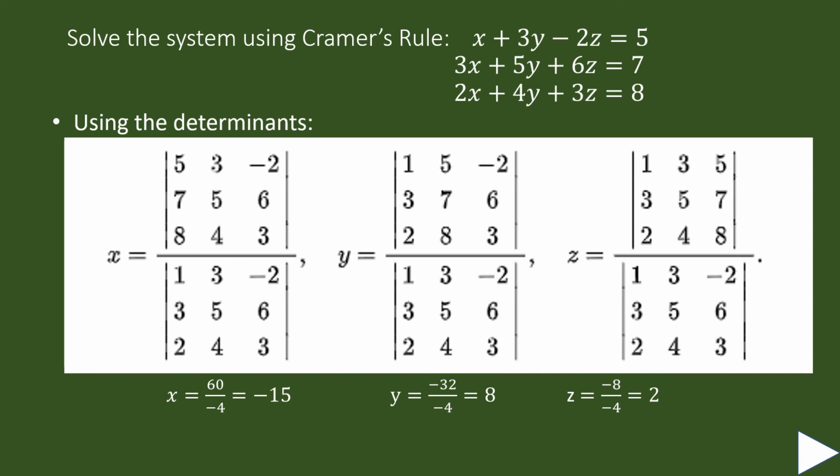Delta y is nothing but the determinant of the matrix obtained by replacing the y coefficients with the constant values. The same way, for z, the third column is replaced by the constants. So you can easily get the values for x, y, and z. Delta x by delta, delta y by delta, and delta z by delta will give you the values of x, y, z.